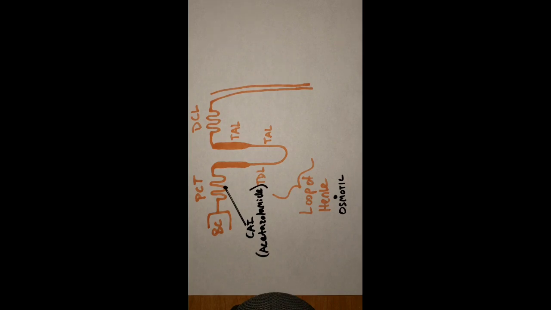Their concentration is larger within the loop of Henle than it is in the blood, and because of that, it pulls water from the blood into the lumen of the loop of Henle. One of the common drugs associated with osmotic diuretics is mannitol.